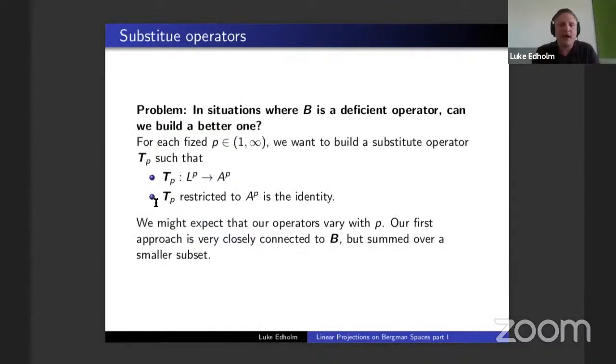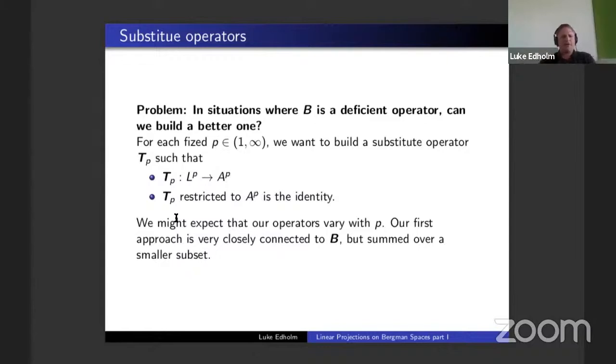So I'm posing a problem. In situations where B is a deficient operator, can we build a better one? In other words, suppose for a fixed p between 1 and infinity, we want a substitute operator that's bounded from LP to AP, and if we restrict to AP, then we get the identity map.